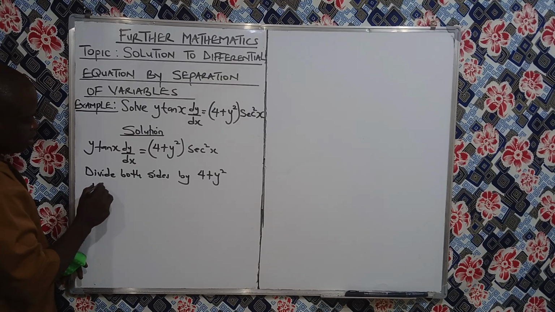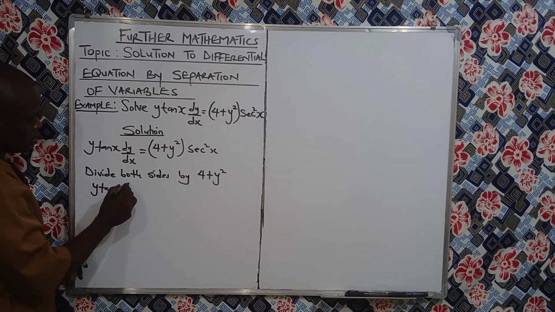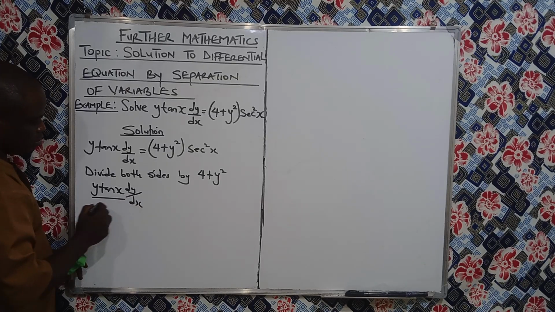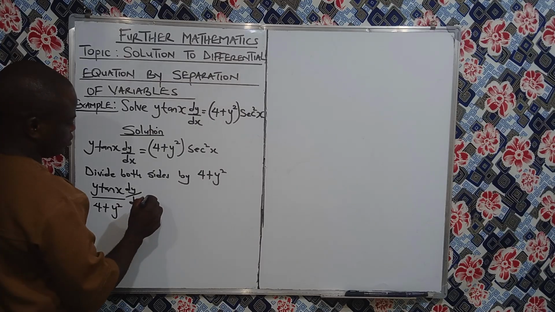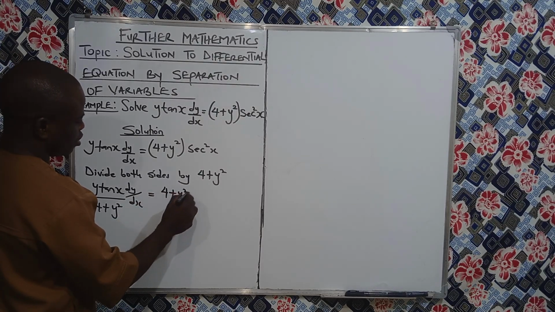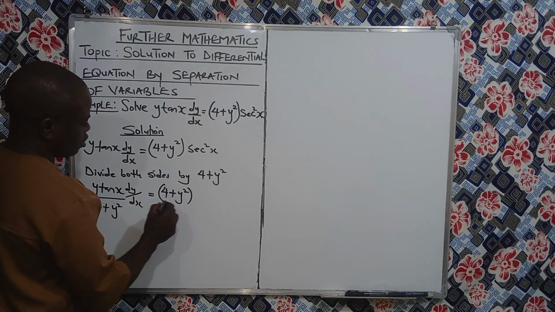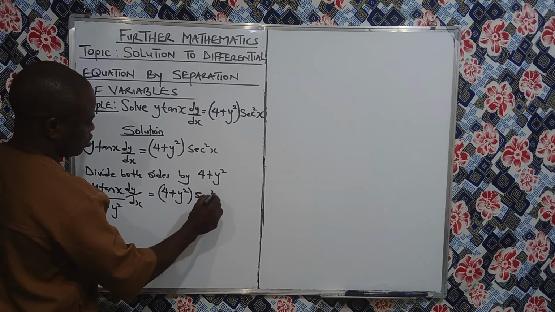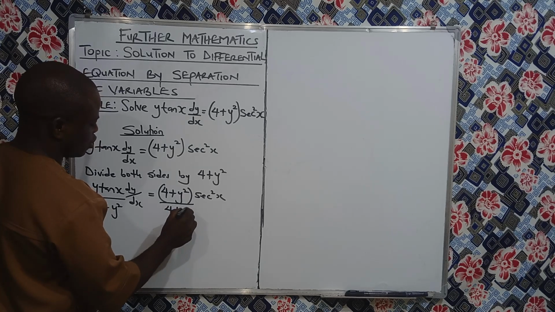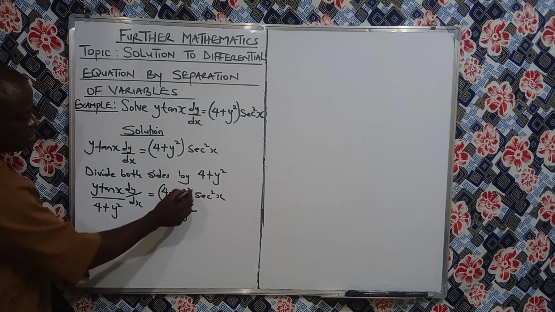Now y tan x dy over dx divided by 4 plus y squared equals 4 plus y squared sec squared x divided by 4 plus y squared. It cancels out.